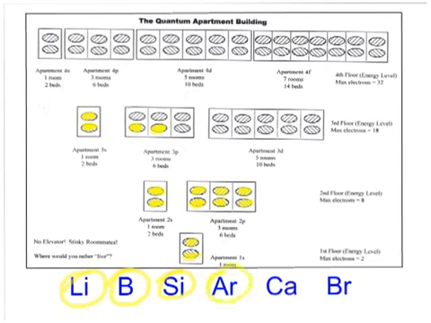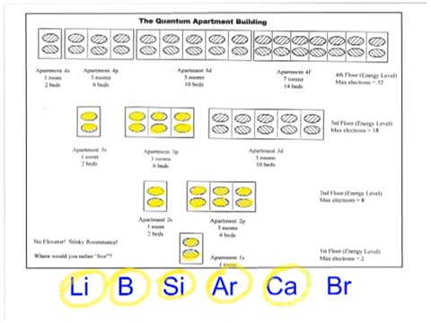Argon has 18 electrons. So we need to put 1 more in that third 3p orbital and then go back and double up. Let's see, and that's 18. So that is the electron placement for argon.